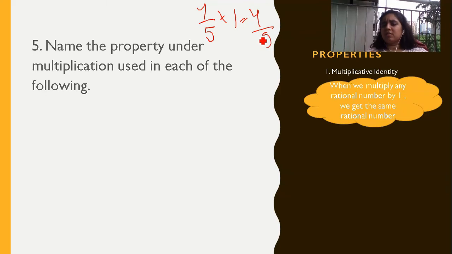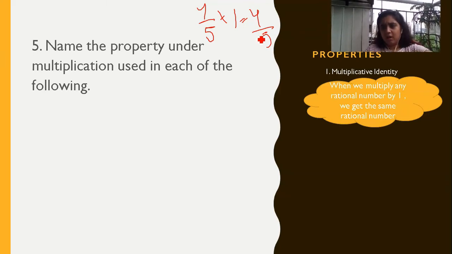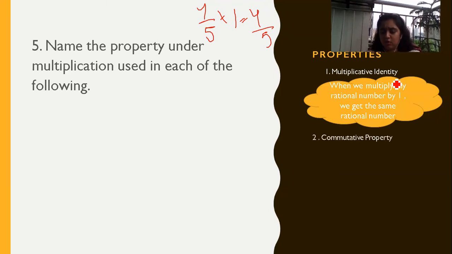In other words, if you multiply any number, whether it is a rational number, integer, or any number, by 1, you get the same answer. So this property is called the multiplicative identity. Multiplicative identity means when you multiply any rational number by 1, you will get the same rational number. So this property will be used in this question.